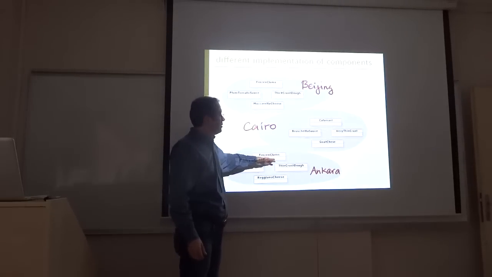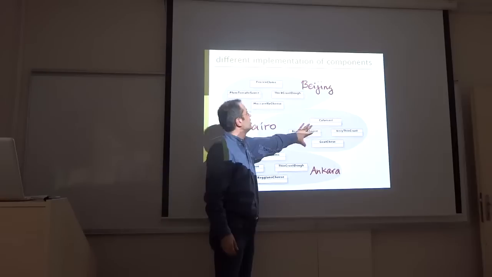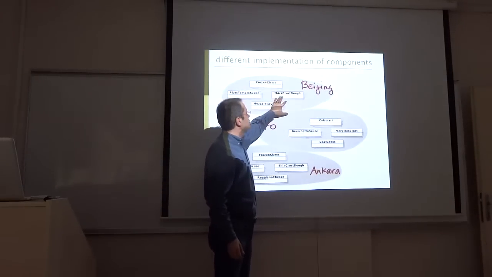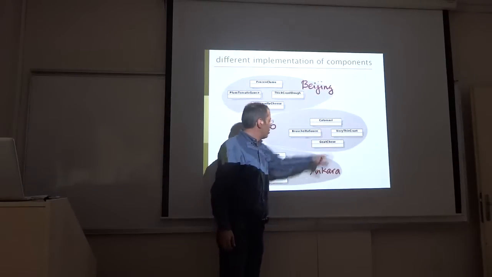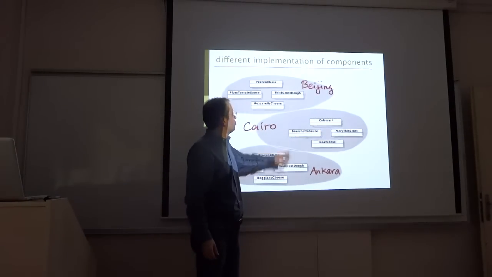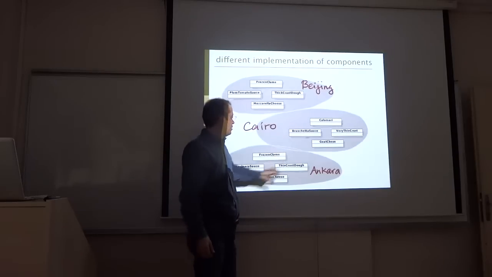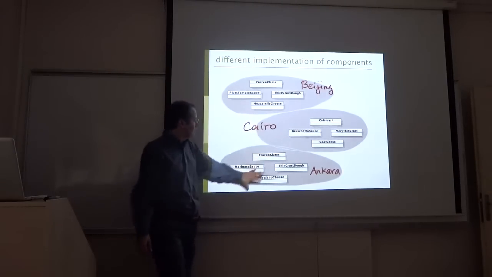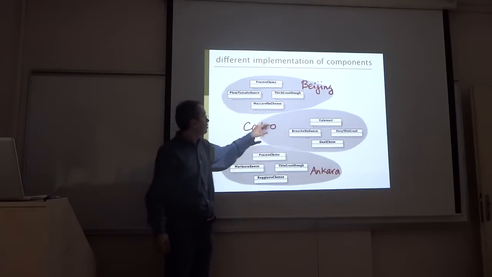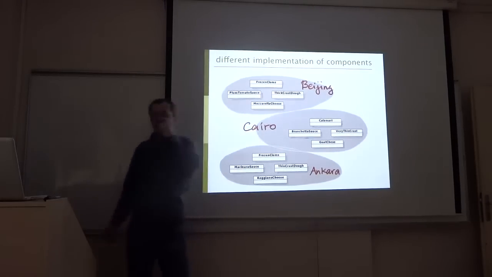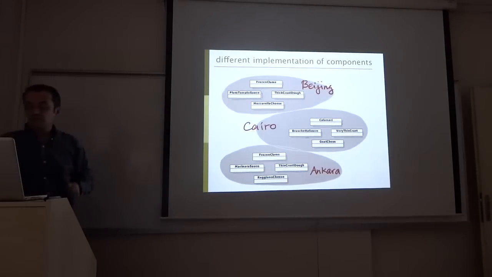In Ankara it is maybe frozen clams, but it is calamari in Cairo, and it is frozen clams again in Beijing. It is thick crust dough, very thin crust, or thin crust dough, so different in every location. So all of them are different: the sauce is different, the cheese is different, the toppings are different, the dough is different.